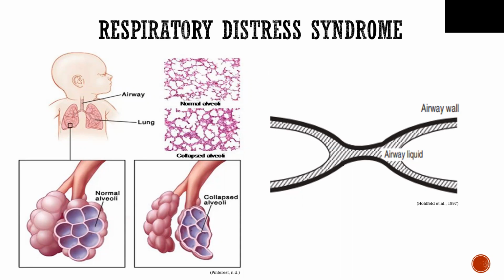The normal stain, along with the normal digital graphic, demonstrates the alveoli able to take on the necessary oxygen, along with the reduced surface tension provided by the surfactant.